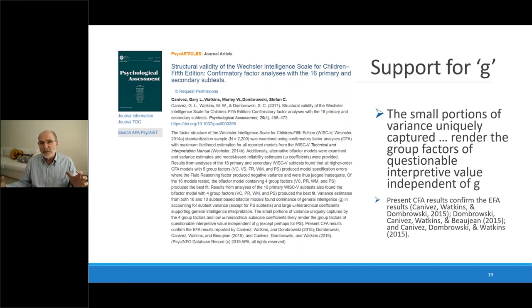They've done a line of research on all the traditional tests using a variety of different psychometric methods. And what they've found consistently is small proportions of variance uniquely captured by the part scores, but support for the use of the total score. In other words, they're saying the total score has value, but we can't find enough variance accounted for by the parts to say that they should be interpreted.